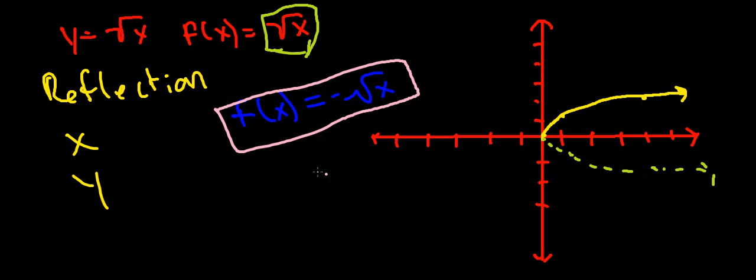So in order to reflect about the x-axis, let's write it in general form. If we have some function y is equal to f of x, in order to reflect it about the x-axis, all we have to do is multiply the function by a minus sign. So let's pick a different example really quick.